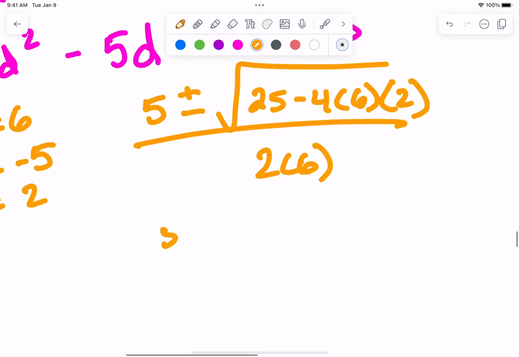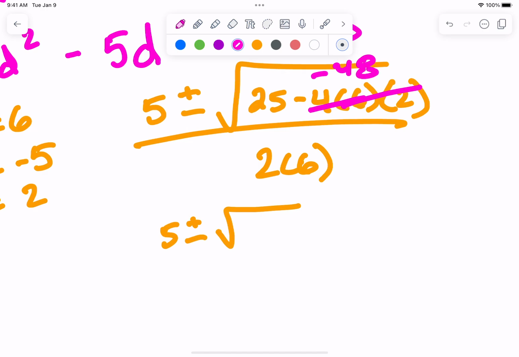Okay. And we're going to end up with an imaginary number. What is 4 times 6 times 2? 48. 25 minus 48. Negative 23. I don't know. Am I doing this right? All over 12.